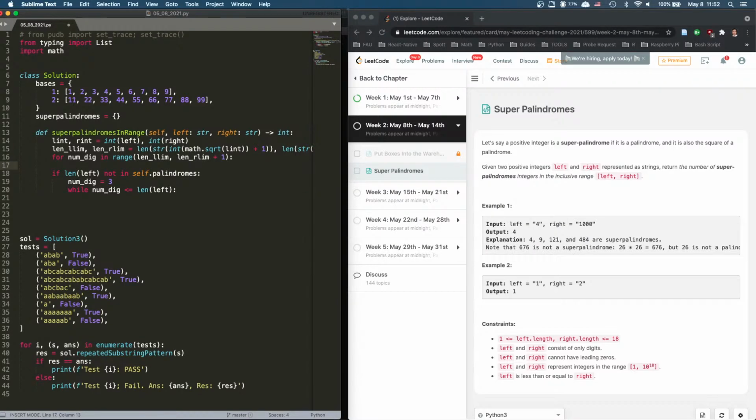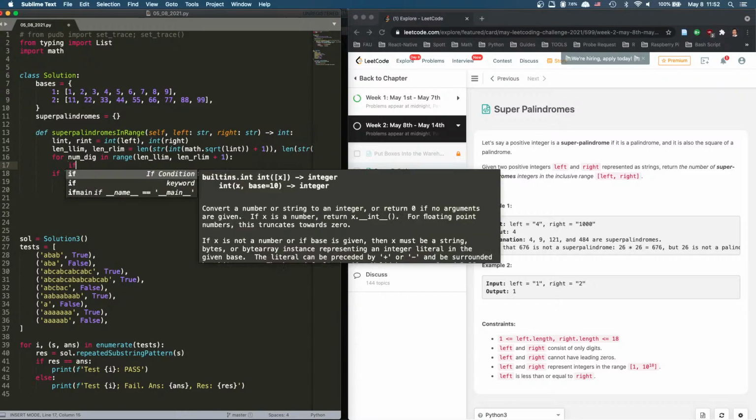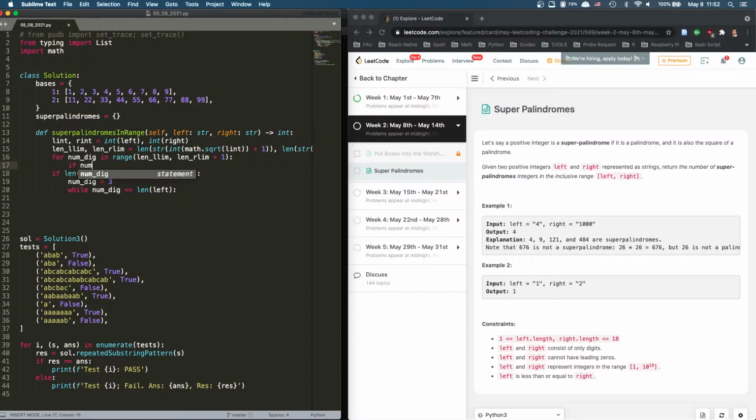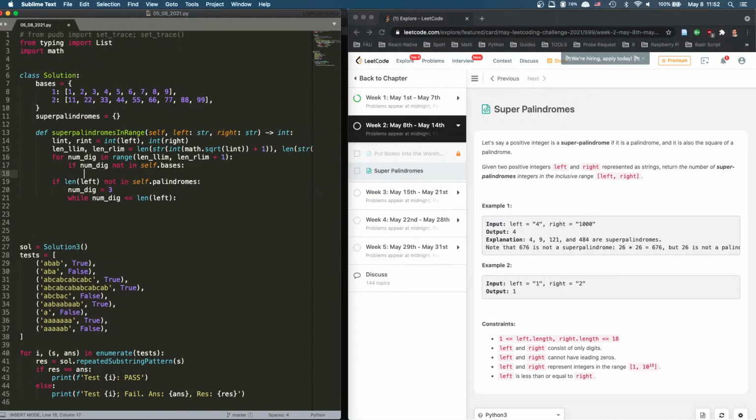What we're going to do is, if num digit is not in self.basis, then we need to work on it. How do we work on it? Well, if it's not in there, then we have to go from the start and work all the way towards the current num digit.